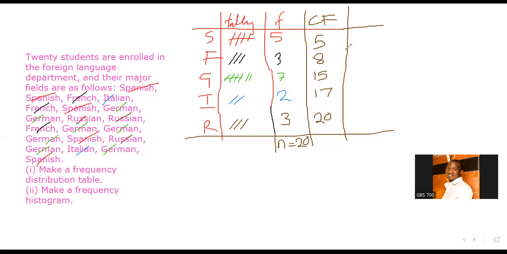Seems we are following. Then we can also come up with what is called the relative frequency table. So relative frequency, we're just dividing this over the total. All right, so 5 divided by 20. What do we get? 0.25.